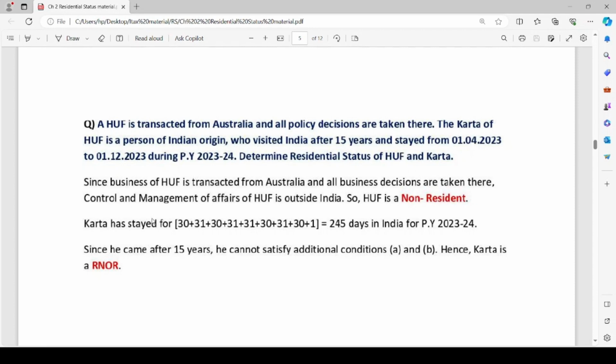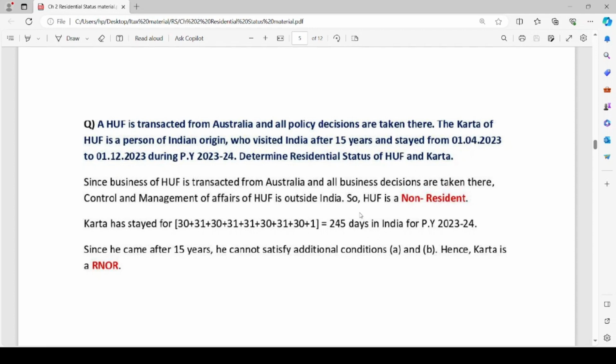We are considering his period of stay from 1st April 2023 to 1st December 2023. 30 days in April, 31 days in May and so on, 1 day in December. This totals to 245 days as the Karta's period of stay in India for the previous year 2023-24.